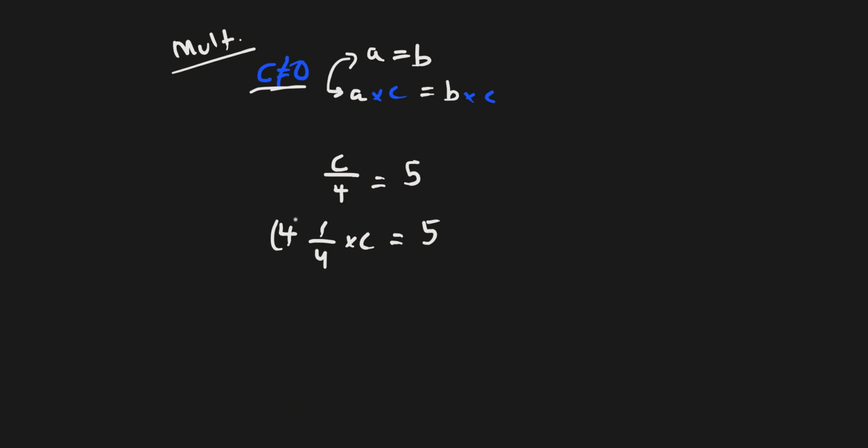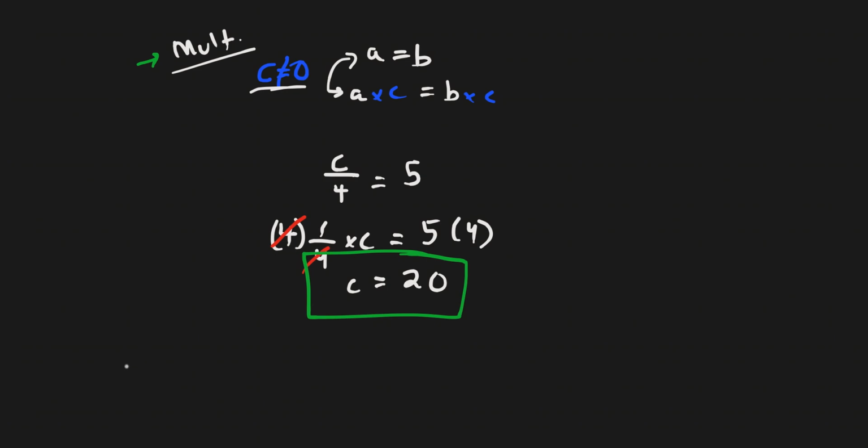That's the smartest thing to do, because in order to isolate the c, the 4's would cancel, and we'd have 1 times c, which is just c, and then 5 times 4, of course, is 20. So this is your answer, and we used the multiplication property of equality in this case.